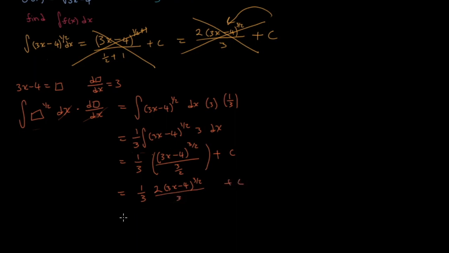And of course that'll give us 2 over 9 times 3x minus 4 to the power of 3 over 2.